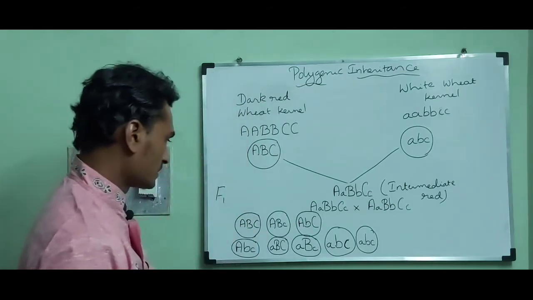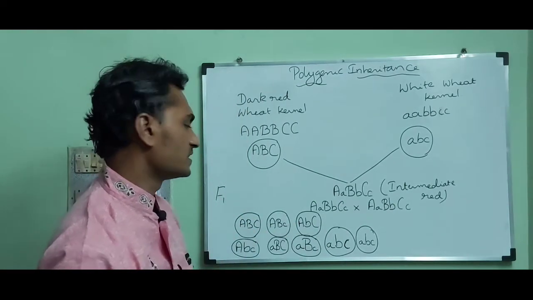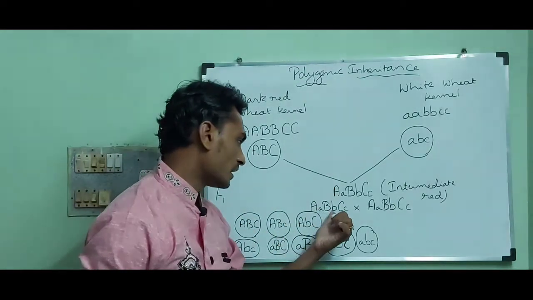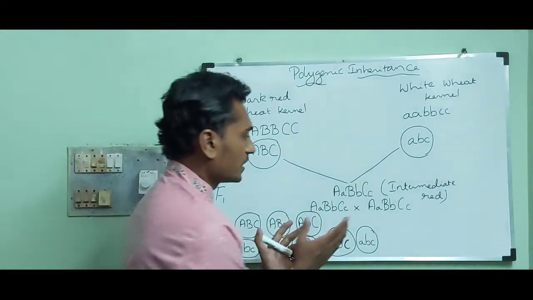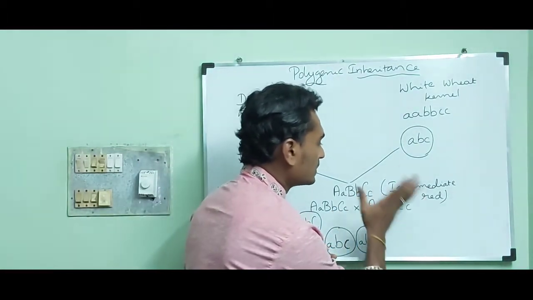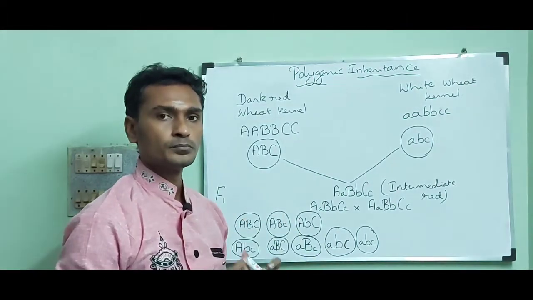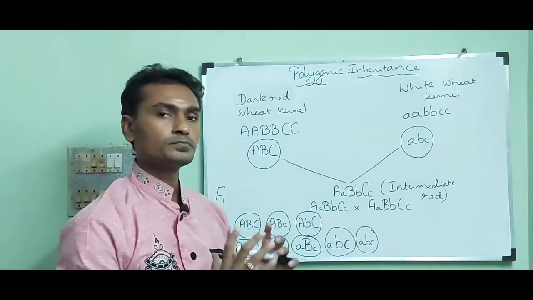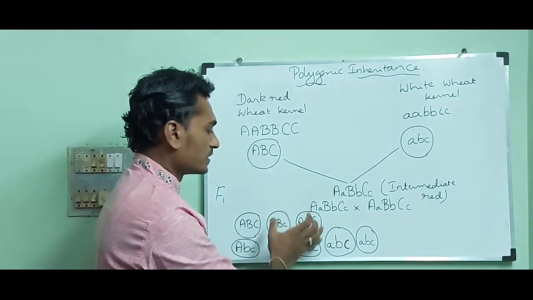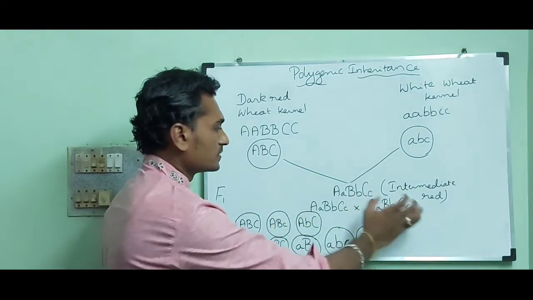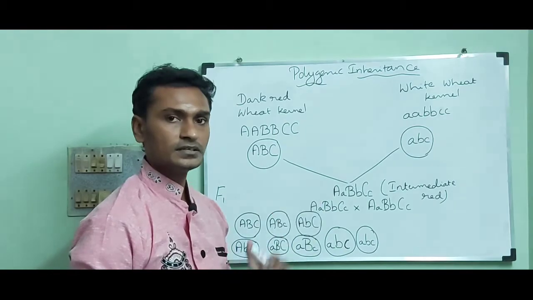So these are the 8 gametes produced by an individual. The same condition occurs for the other parent too, so a total of 16 gametes are produced. Now I am going to place these 8 here and 8 here, total 16 gametes, in the Punnett square.